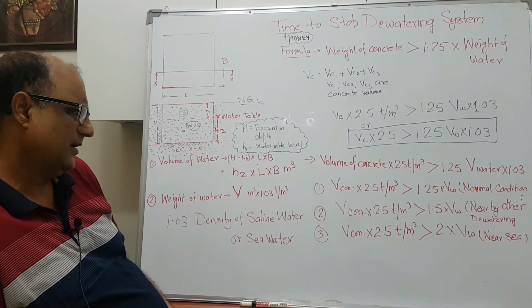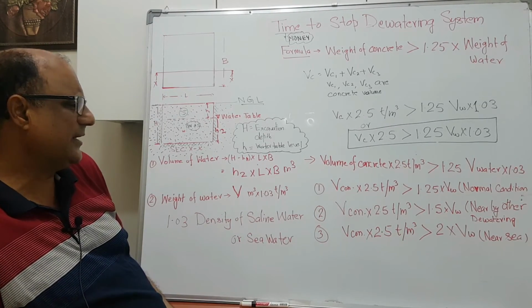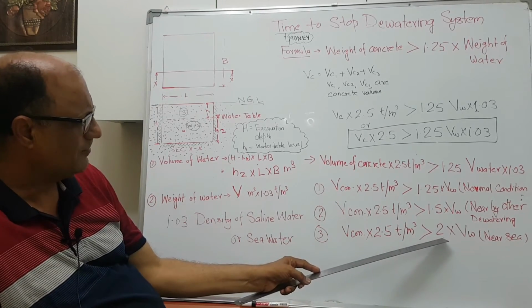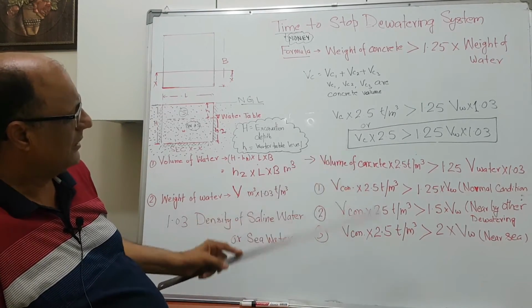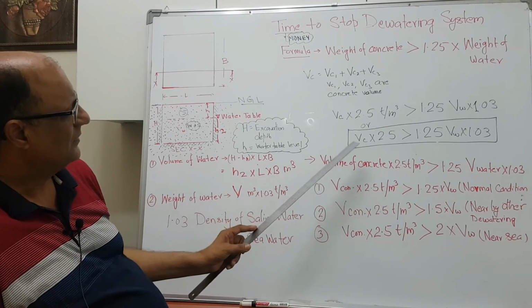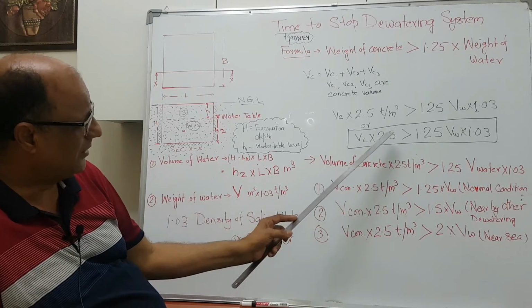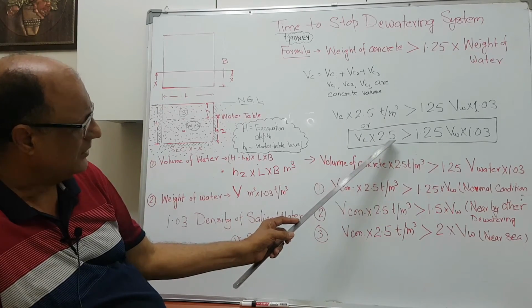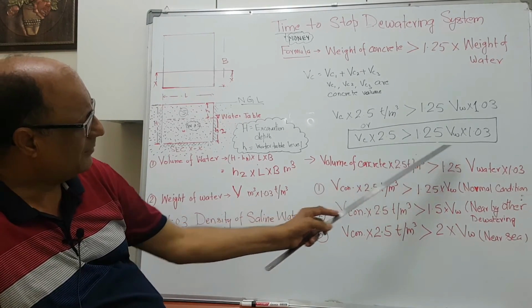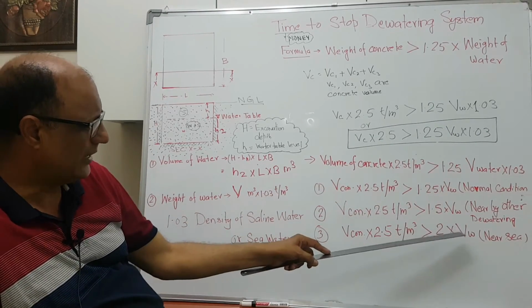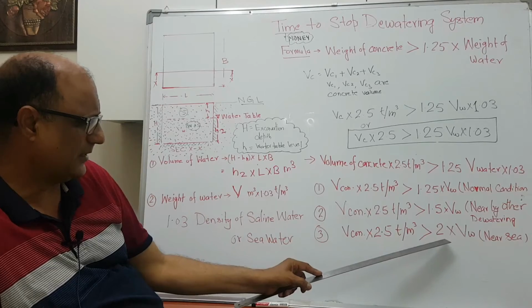So this is very risky. So we should increase the factor of safety to 2. In this condition, if you are very close to the sea, the weight of the concrete, the volume multiplied by 2.5 ton per meter cube, must be double the weight of the water, because of the variable factor and factor of safety.